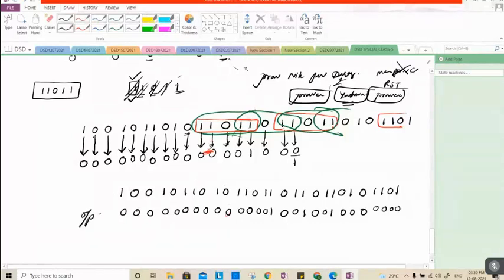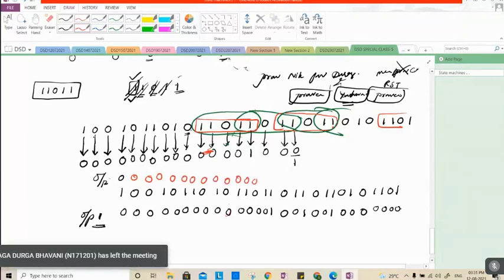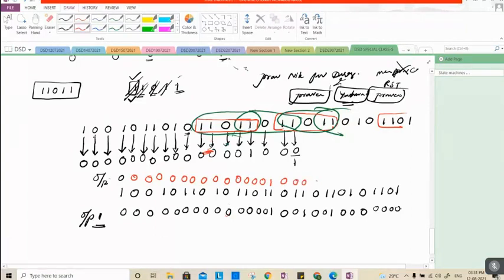This is output 1. Output 2 is 0 0 0. Now see the difference between output 1 and output 2.